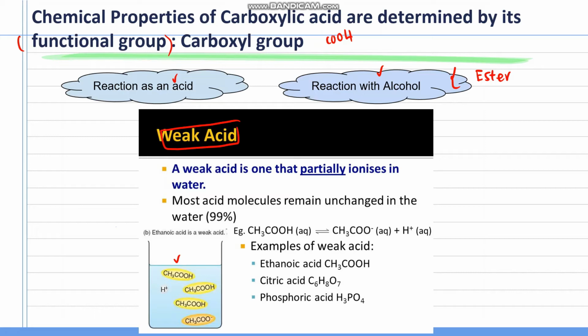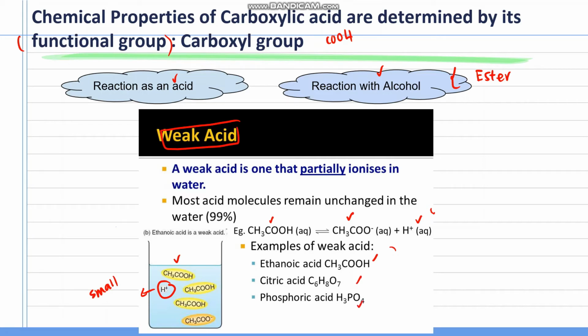That's why it will produce a very low concentration of hydrogen ions. When ethanoic acid dissolves in water, the hydrogen ions produced have a low concentration, a small amount. Some examples of weak acids include ethanoic acid, citric acid, and also phosphoric acid.